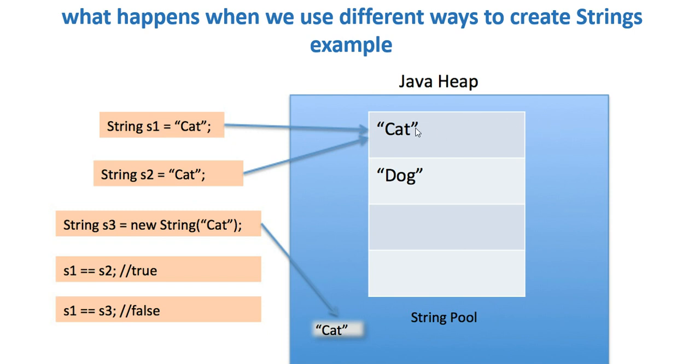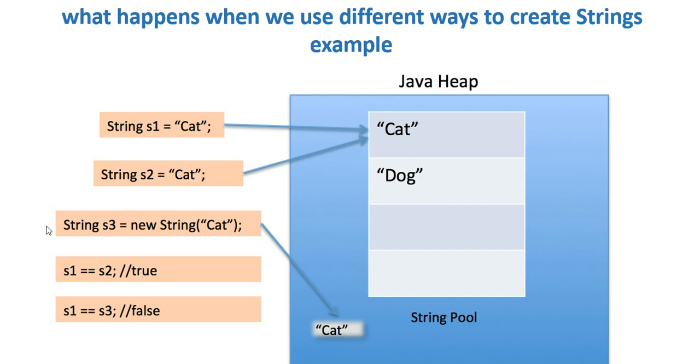Yes, we have it. It's there. Then don't create another string with value cat. Just get the reference of the string called cat, which is already existing in our heap space. Then here we get the reference of that, so that whenever we want to get this string, we just refer to the reference value given.